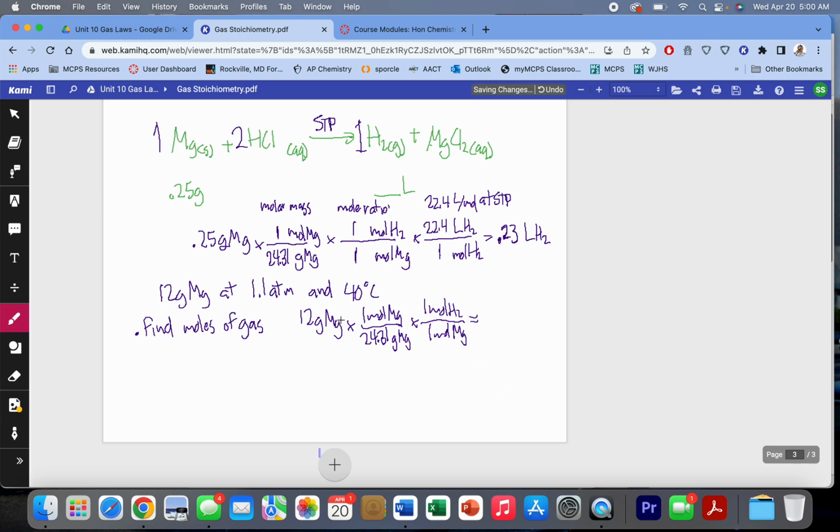So 12 divided by 24 is roughly 0.5, but 12 divided by 24.31 is something a little smaller. So we get 0.49. When we multiply it by 1 over 1, we still have 0.49. So 0.49 moles of H2. Okay, that's what we'd get.